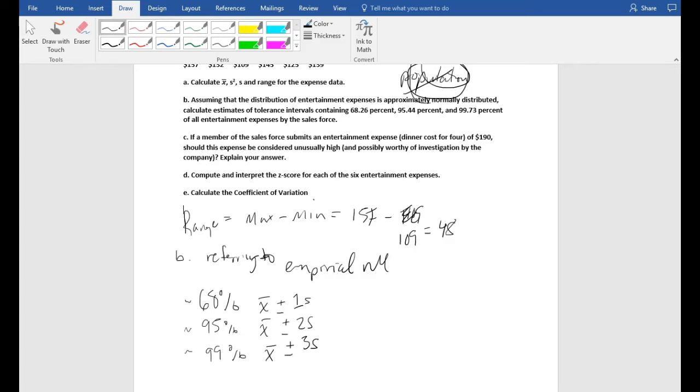So we're going to calculate x bar, then add a standard deviation to it and subtract a standard deviation from it, and that's what we're going to do to get the 68%. Then we're going to add 2 standard deviations to x bar and subtract 2 standard deviations from x bar to get the 95% tolerance interval, and then similarly for 3 standard deviations for the 99.73.